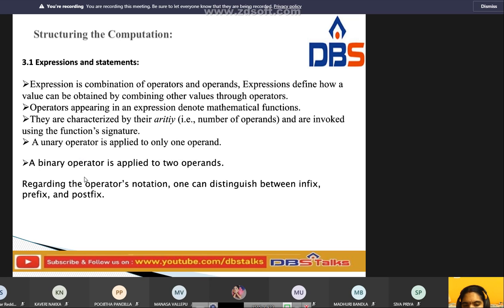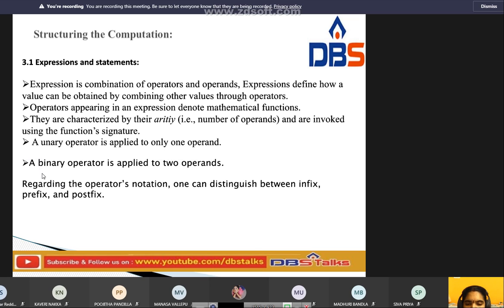A unary operator is applied to only one operand.